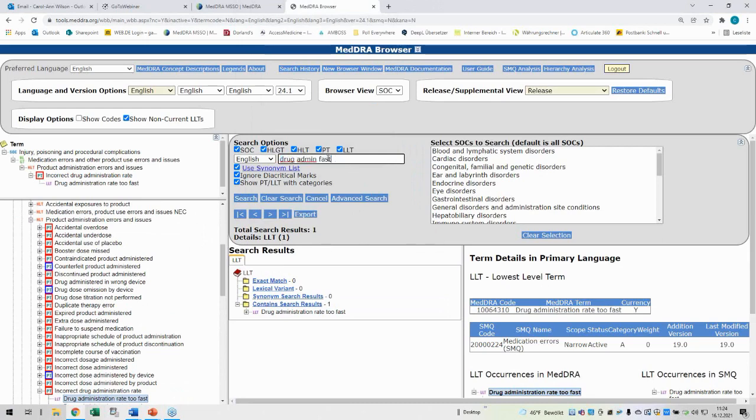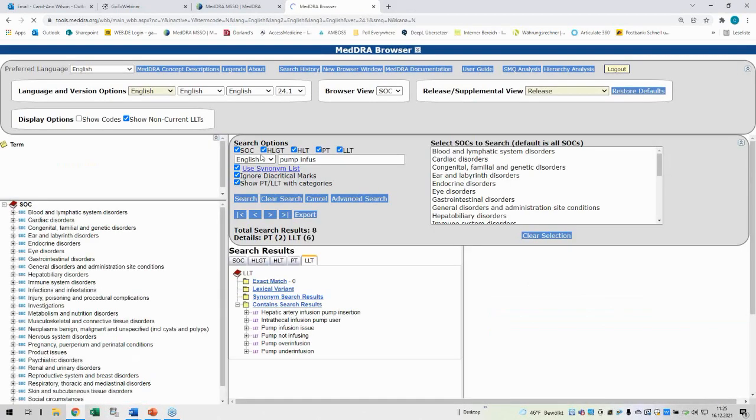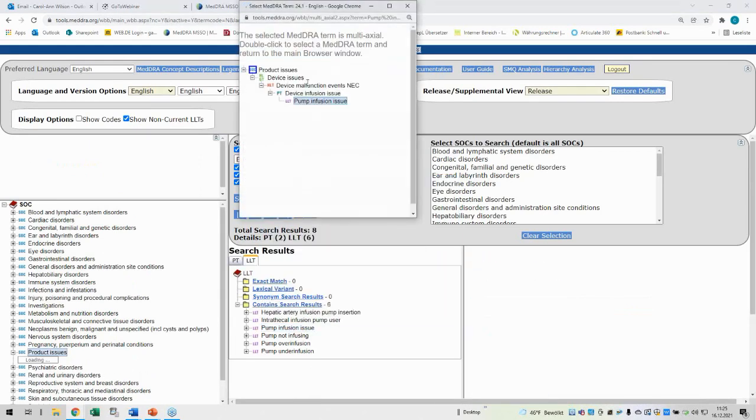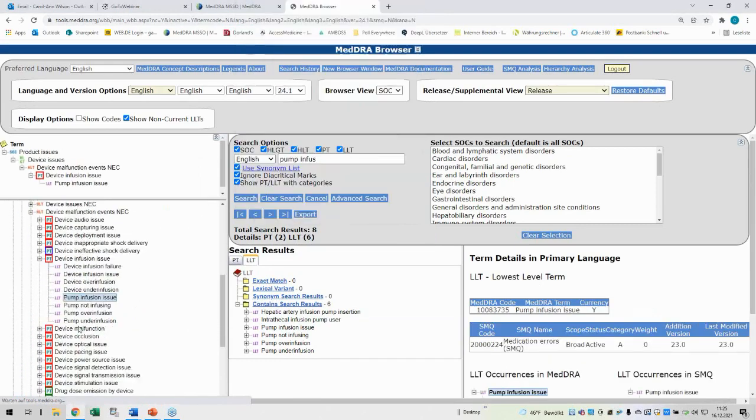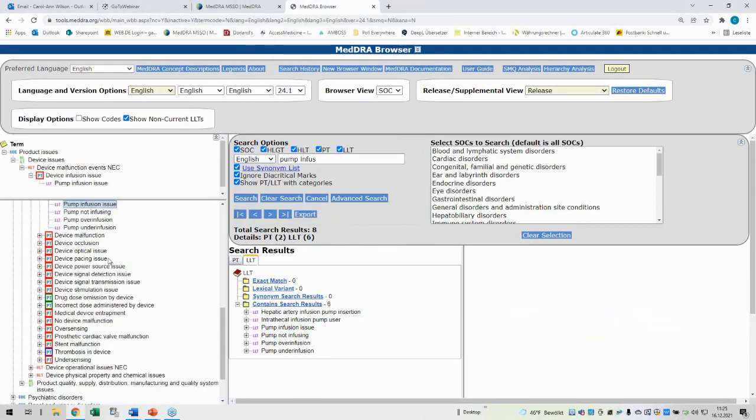And the pump infusion, let me check for pump and infusion, always trying to use the word stem. Here it is, pump not infusing, that was not the case. Pump infusion issue was one option that we saw.